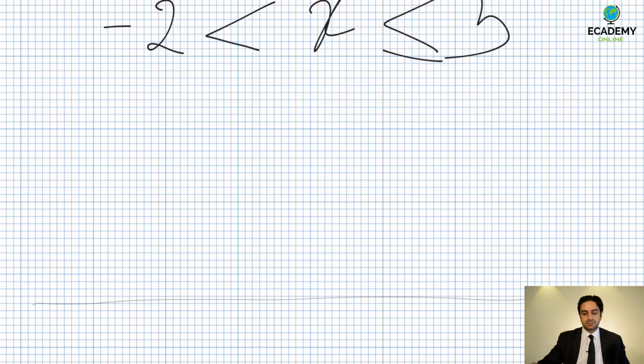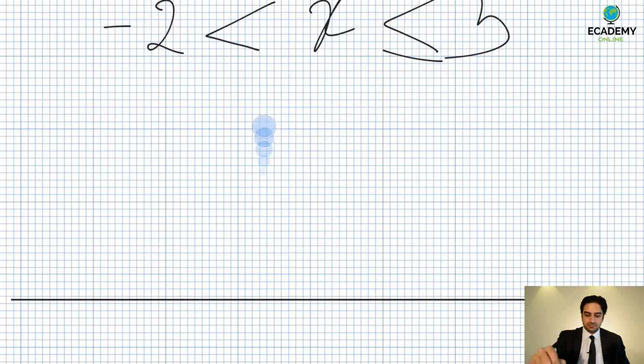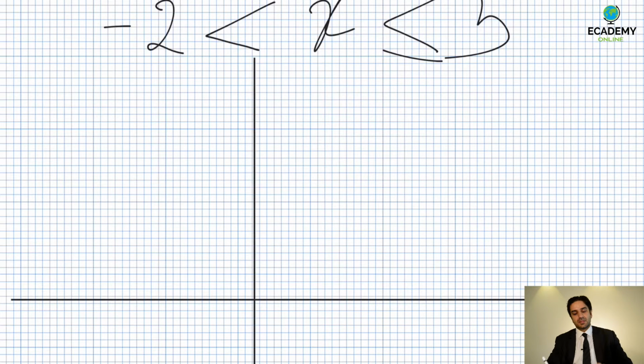Again, x-axis, y-axis. Let's say this is minus 1, and this is minus 2, 1, 2, 3, 4, 5.